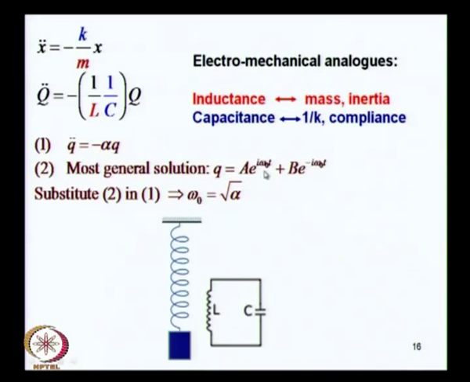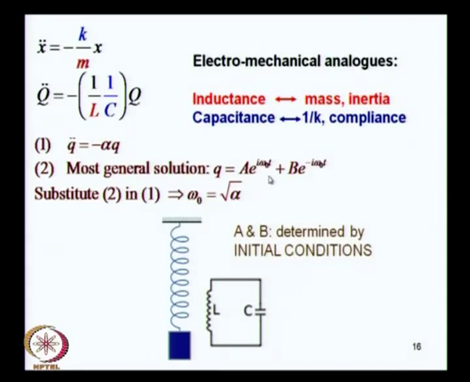Its most general solution will contain two unknown constants a and b, which will have to be determined. If you just put this solution in the differential equation, it is a matter of simple algebra to find that this omega 0 is nothing but the square root of alpha.